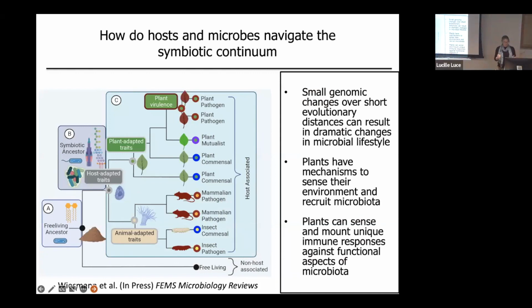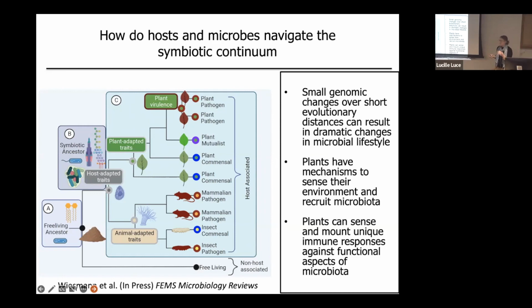And so to summarize what I've told you, I've shown you that small genomic changes over very short evolutionary distances can result in really dramatic lifestyle differences in bacteria, and that plants have mechanisms to sense their environments and then enrich for beneficial microbes. But when you're enriching for beneficial microbes, you need to have a way to avoid also enriching for pathogens.